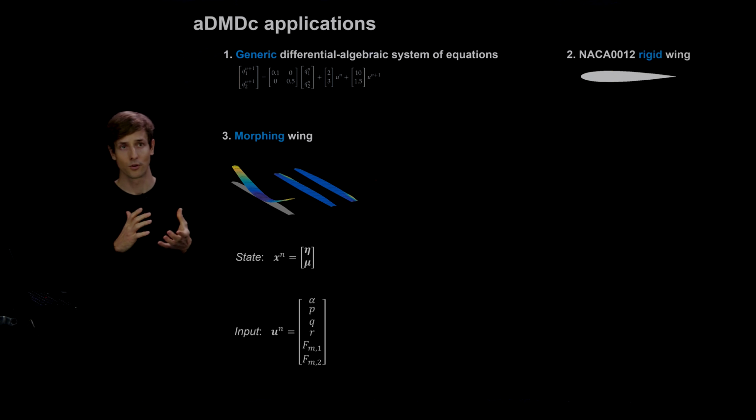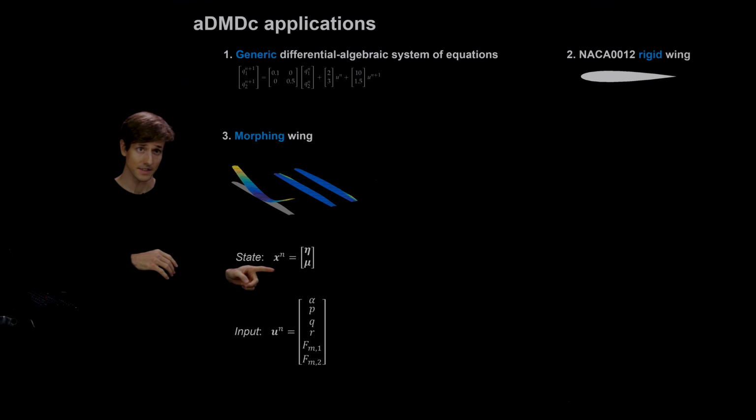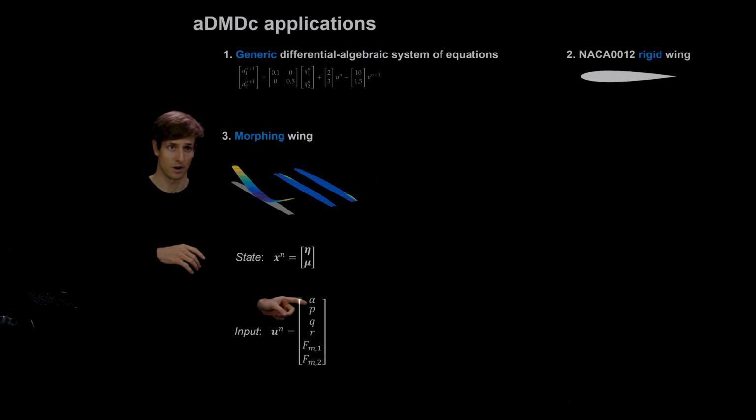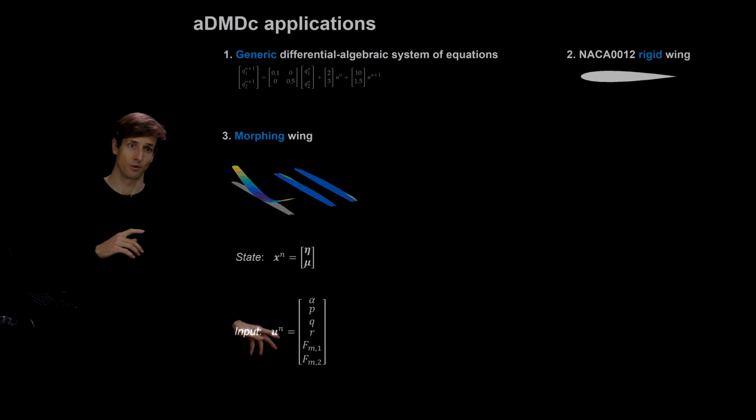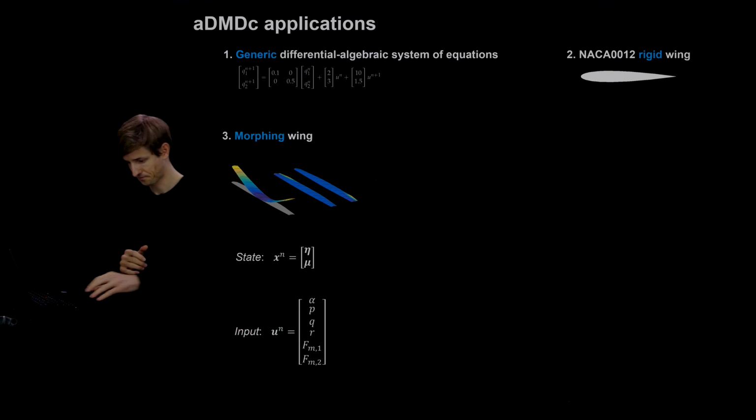So as I mentioned before, the state of interest is the wing deformations and the singularity strength, and the inputs to our model are the flight state, so angle of attack, 3 rotation rates, and the morphing actuation.